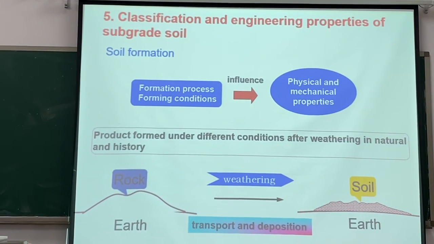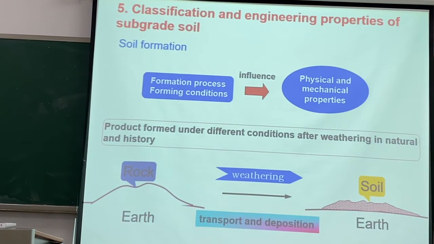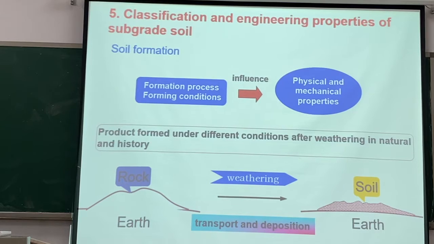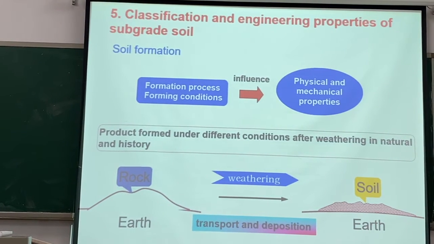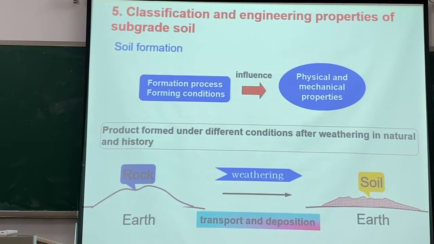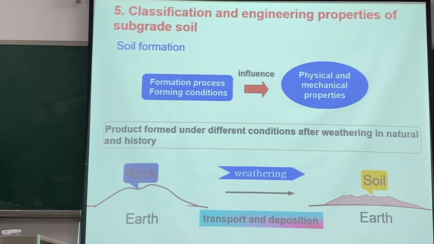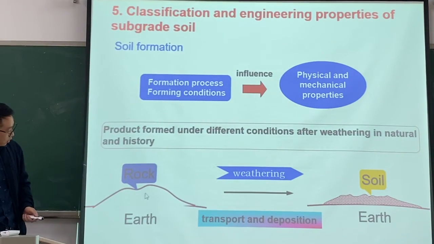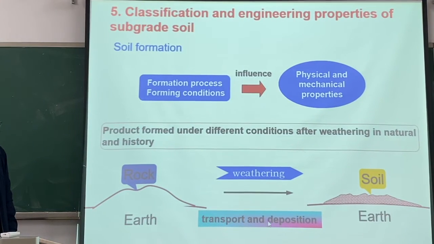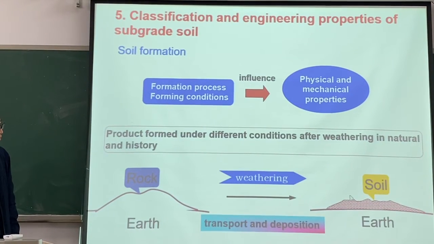So, soil is formed under different conditions after weathering in nature and history. It's not 1 year or 2 years; it takes about 1,000 years or longer to form soil. So we can know that weathering, transportation and deposition form soil.